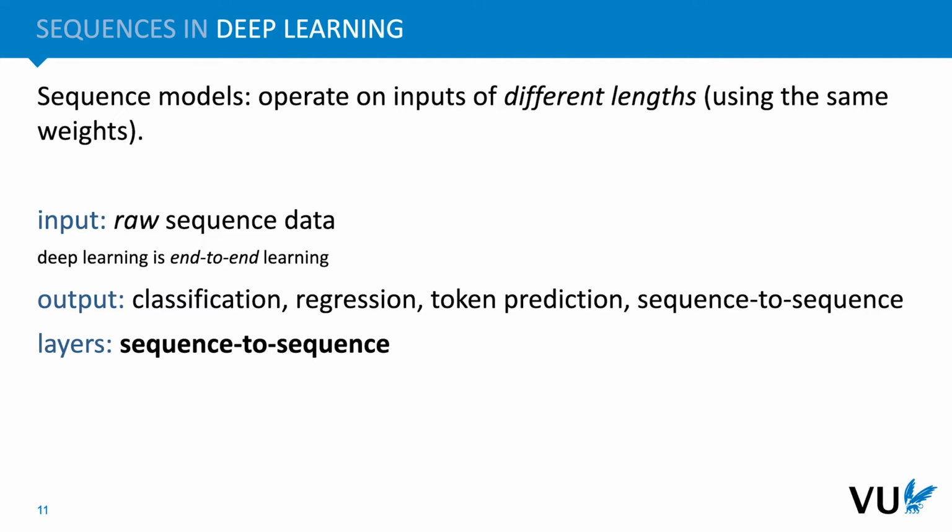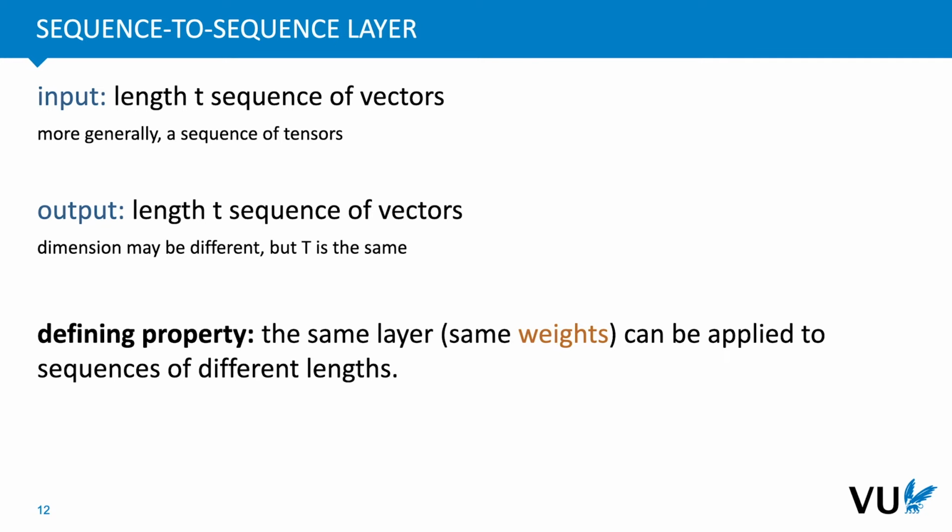And the basic building block that we'll be working with this whole lecture is the sequence-to-sequence layer, which we define as follows. A sequence-to-sequence layer is a layer that takes as input a sequence of vectors of length t and produces as output another sequence of vectors, again of length t.